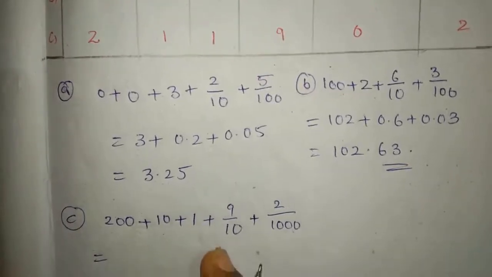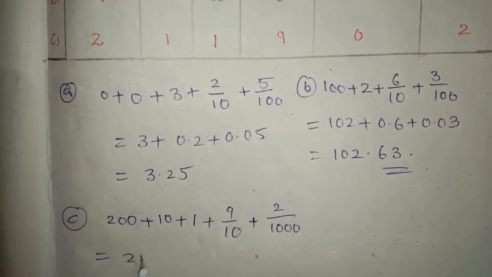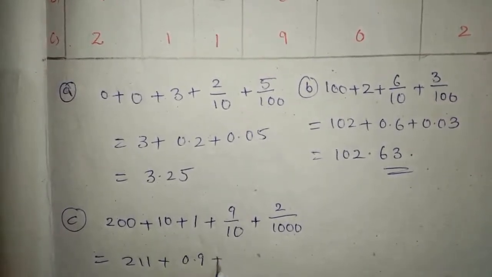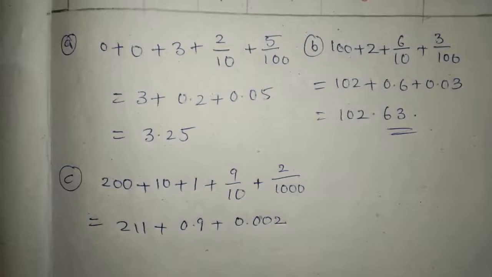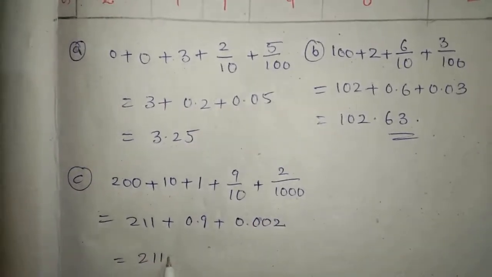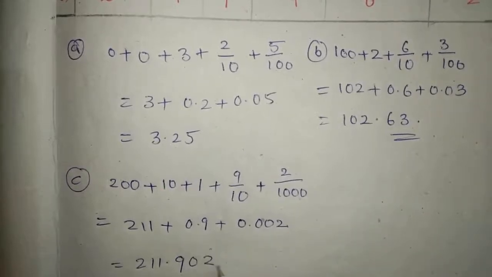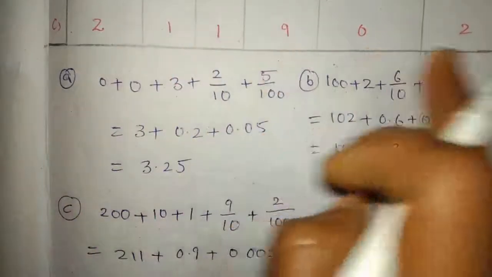Now, this can be written as 200 plus 10 plus 1, 211, plus 9 by 10 means 0.9, plus 2 by 1000 means 0.002. This is equal to 211.902. So, therefore, it is equal to 211.902.